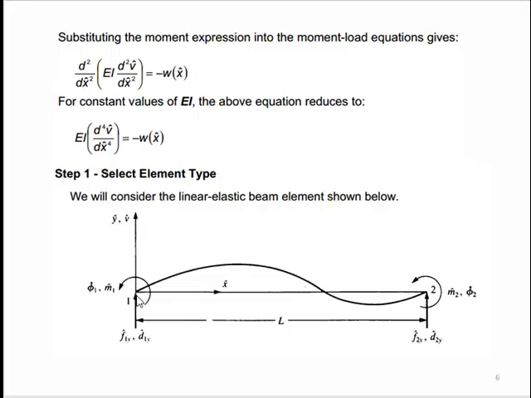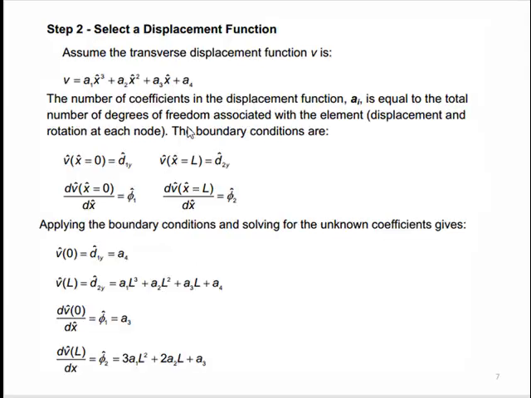So the degree of freedom of the entire element is 4. So we can consider a polynomial function with 4 coefficients: a1, a2, a3, and a4. The number of coefficients in the displacement function ai is equal to the total number of degrees of freedom associated with the element, displacement and rotation at each end.